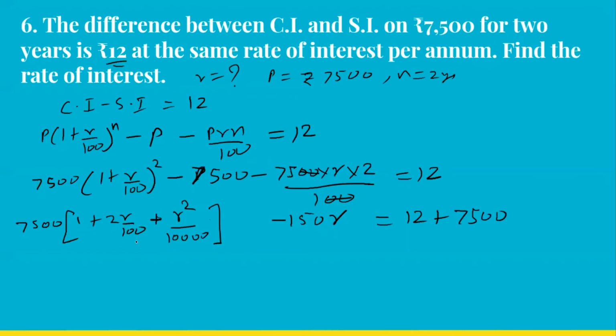Let us simplify this. When I multiply by 7,500 inside, I get 7,500 × 1 is 7,500, plus 7,500 × 2R/100. These two zeros get cancelled, and 75 × 2 gives 150R. Plus 7,500 × R²/10,000.